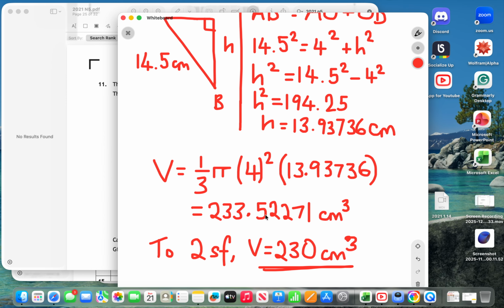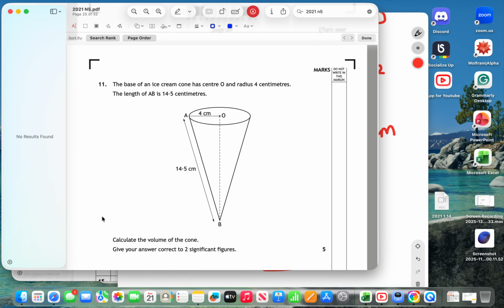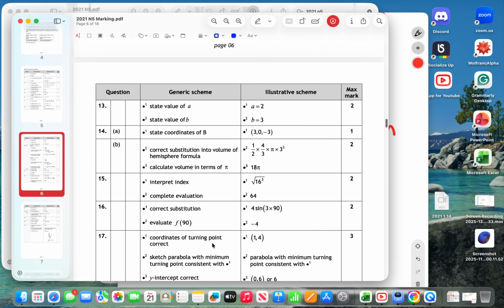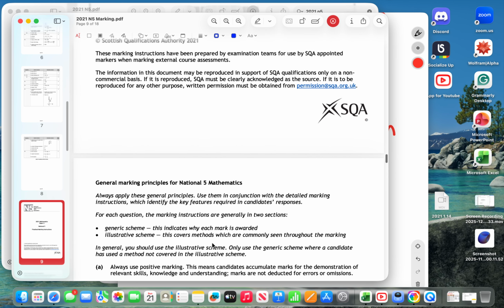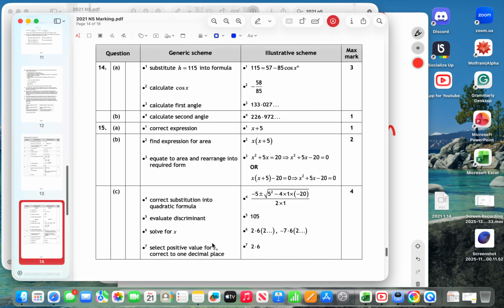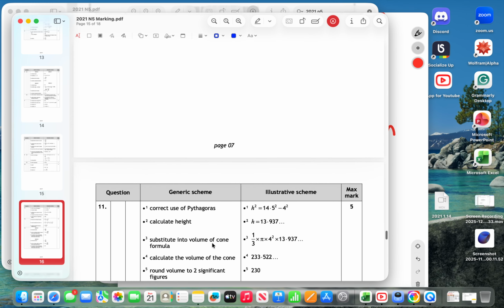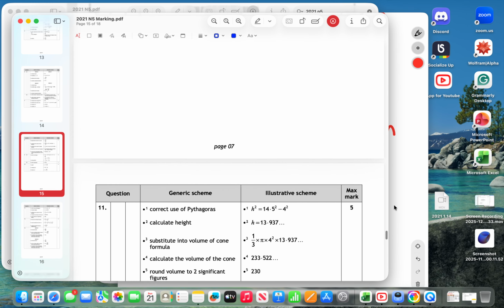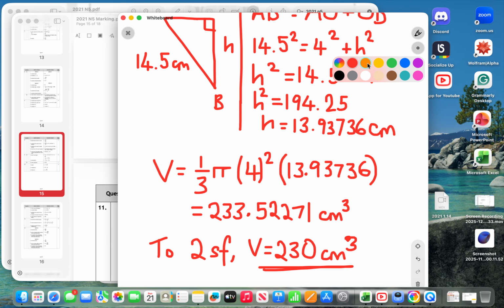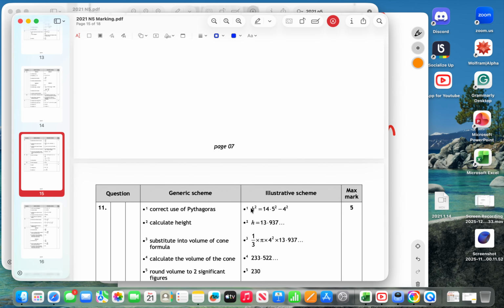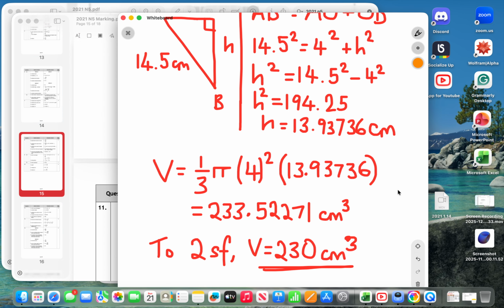So then let's have a look at the very limited marking instructions that they gave. So the first mark would be given for using Pythagoras correctly. So it would be for this, would be the first mark.